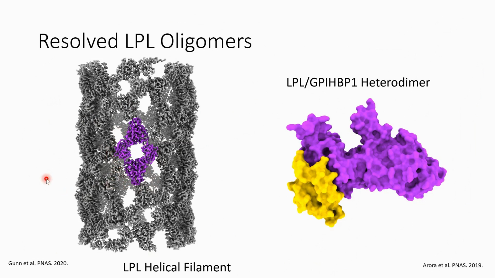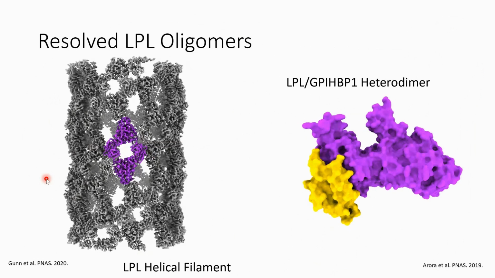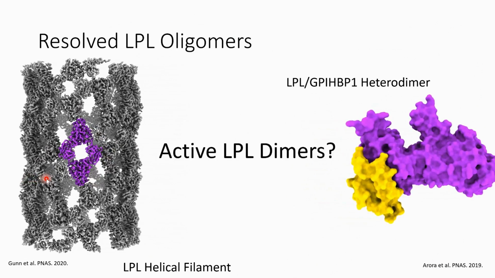From my point of view, the question that this really brought up was, what about these active dimers? We had decades of biochemical evidence suggesting that they existed, but our structural evidence wasn't there. And so what I wanted to set out to do was to solve the structure of an active LPL dimer using CryoEM.